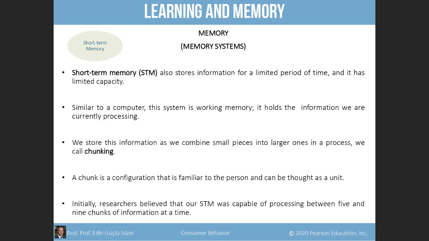Then of course, if we are processing this information further in the short-term memory, and we are trying to elaborate the information, then it goes to another stage, which is the long-term memory.